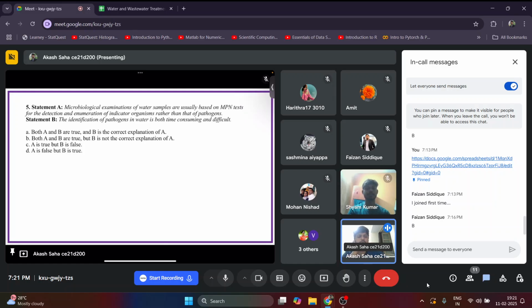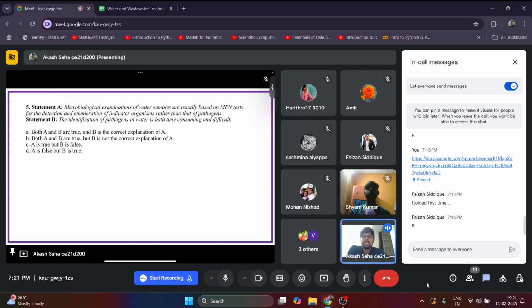So whenever we want to find out how many microorganisms are present in the water, to judge the quality of the water, we have to do the MPN test, which revolves around the detection of some kind of coliform bacteria.